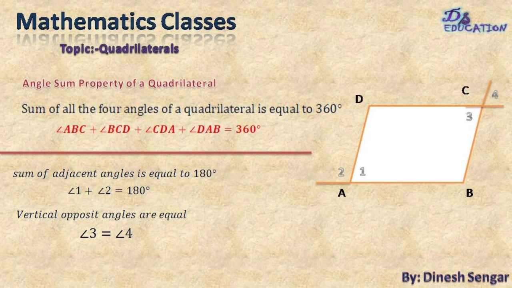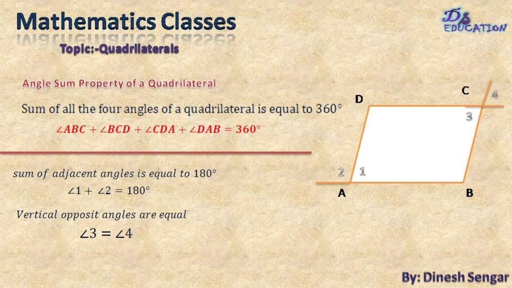Two more points. The sum of adjacent angles is equal to 180 degrees. If you see the figure, angle 1 and angle 2 are adjacent angles. Adjacent angles are angles which have a common vertex.